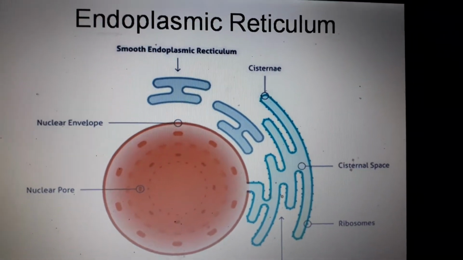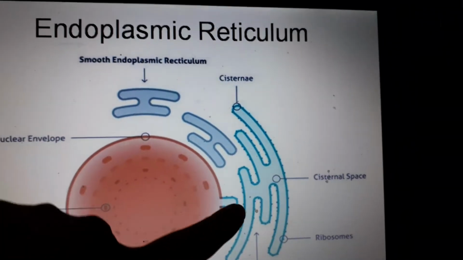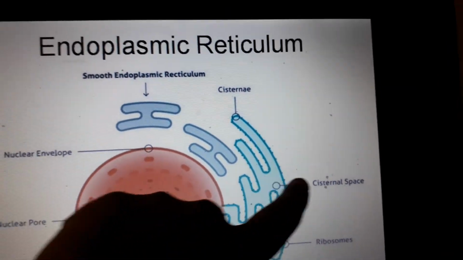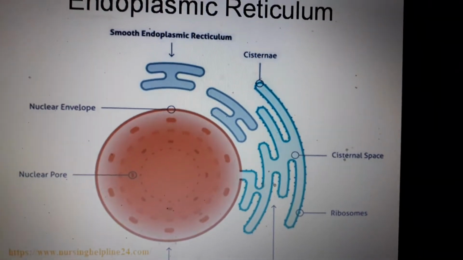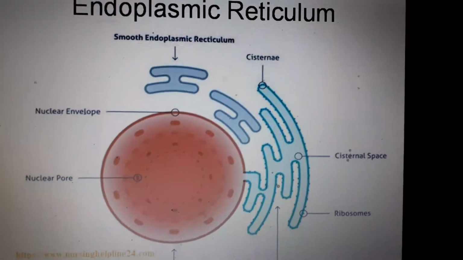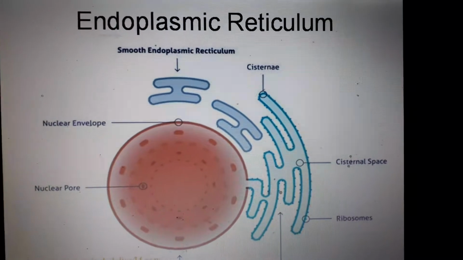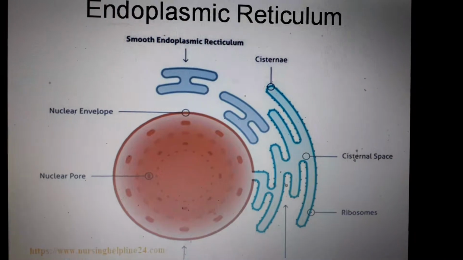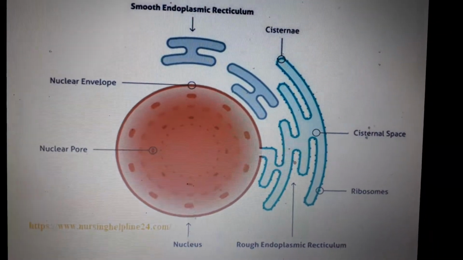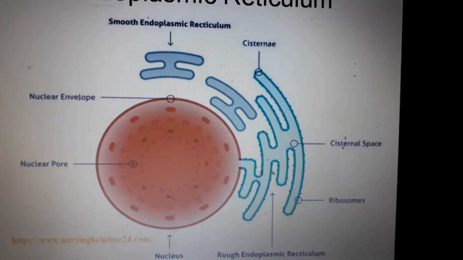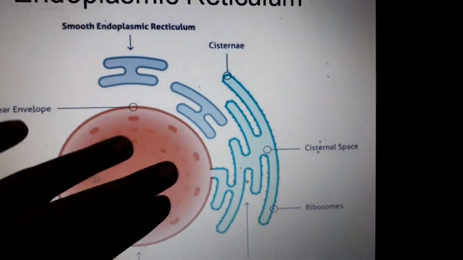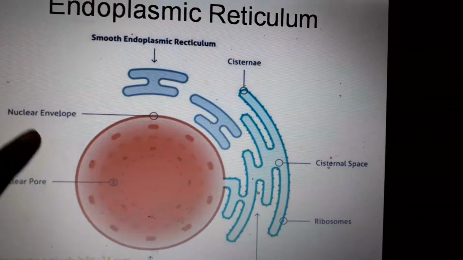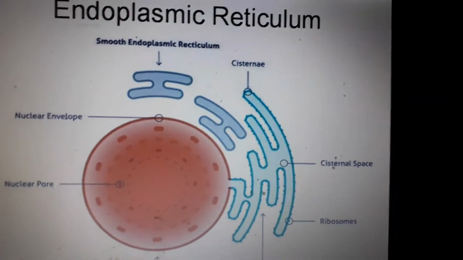And what is the function of endoplasmic reticulum? It transports substances from the nucleus to other parts of the cell. It also helps in making proteins and lipids, and it also helps in detoxifying poisonous substances from the body. Especially in liver cells, it helps in removing poison out of the body.